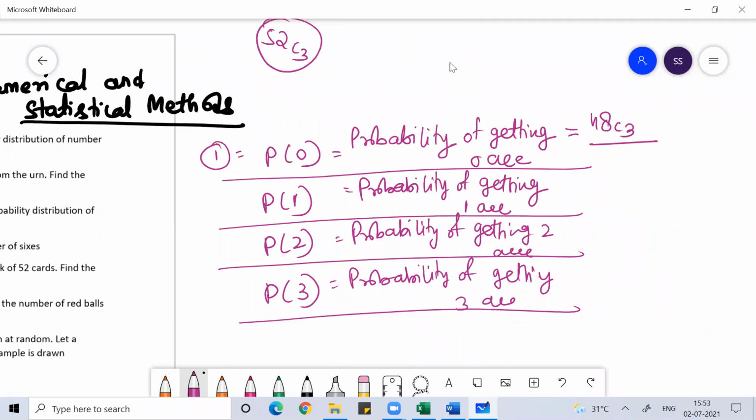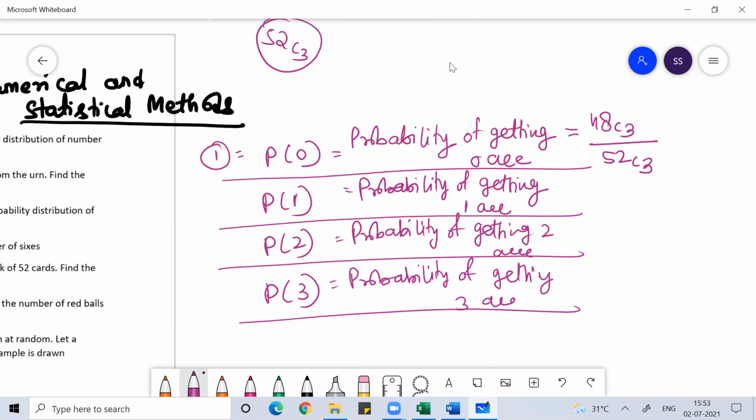So that would be 48C3 by 52C3. So I need to find that, because all the 3 cards should not be ace. So it would be 48 by 52 into 47 by 51 into 46 by 50.